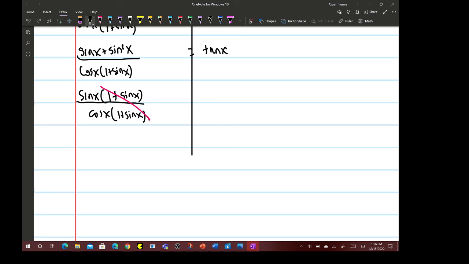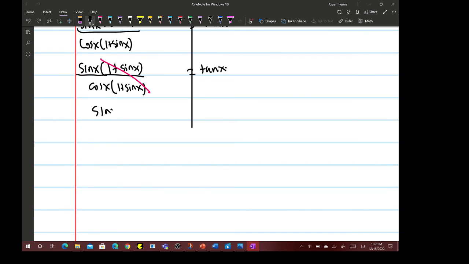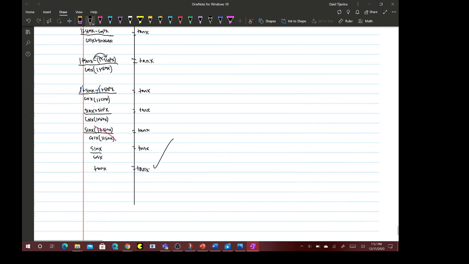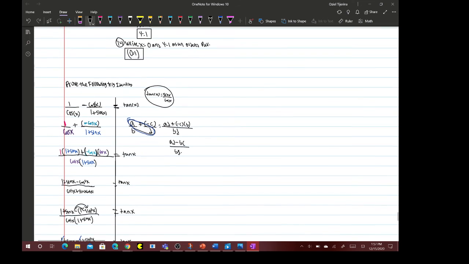And so then we would be left with sine x over cosine x equals tan x. And so we know that tan x equals tan x. And that's your solution. So that's how you would do this one.